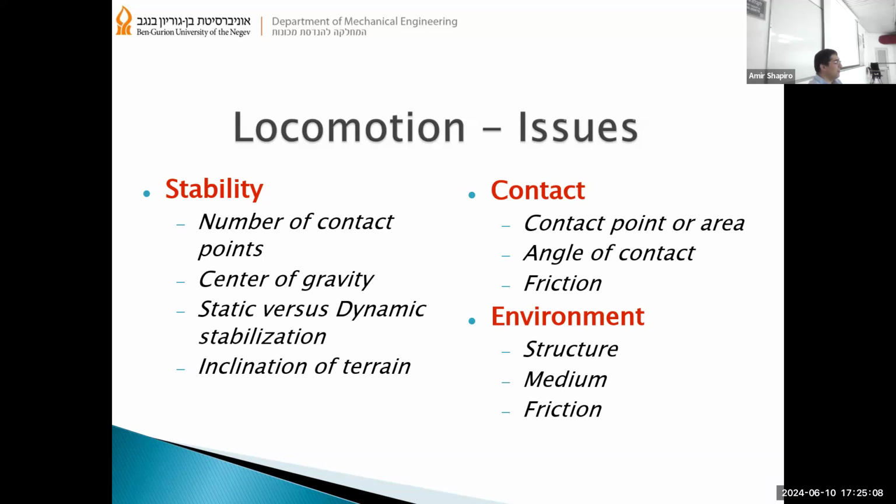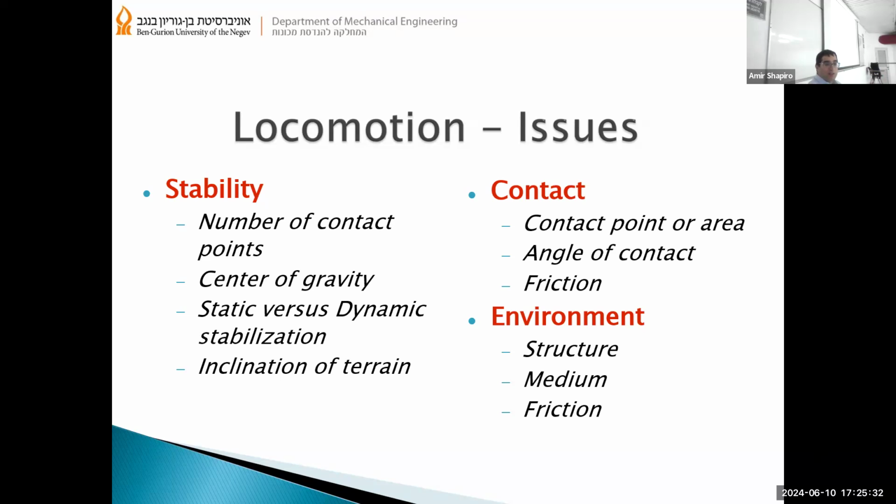And stability means that if a body is in equilibrium and you move it a little bit, it will stay there or move back to the equilibrium. And for stability, we need to know the number of contact points with the environment, the center of gravity of the robot.